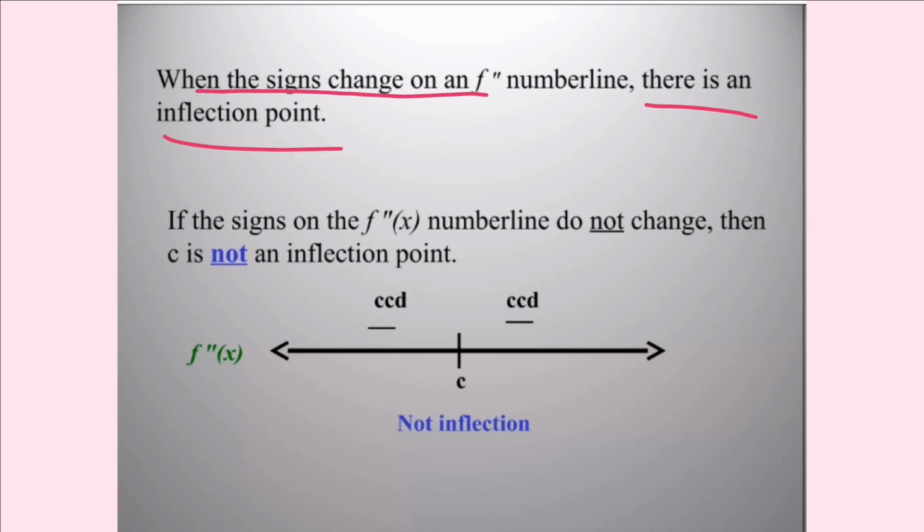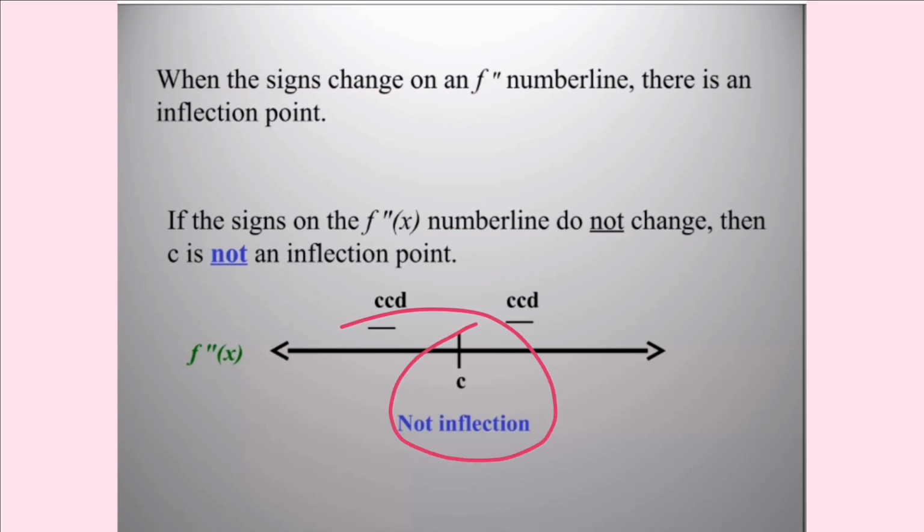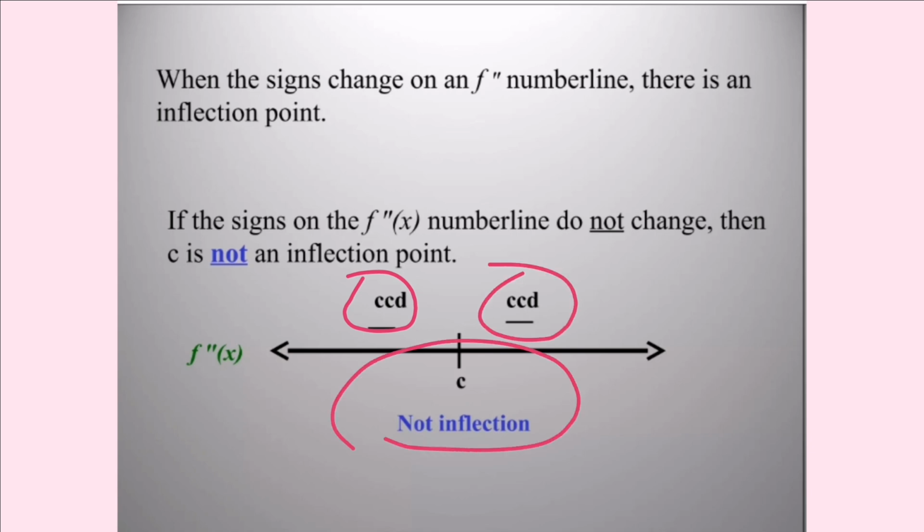If the sign does not change, then C is not an inflection point. Here, point C is not an inflection point because to the left side the function is concave down, and to the right side the function is again concave down.